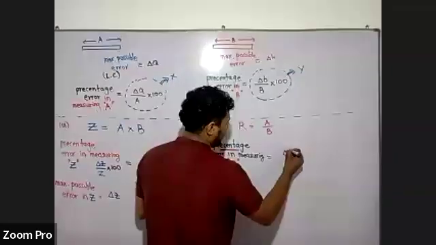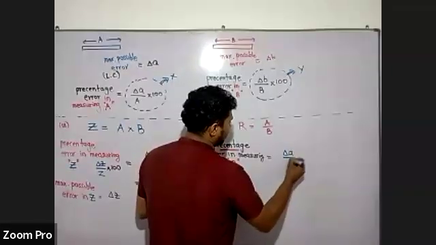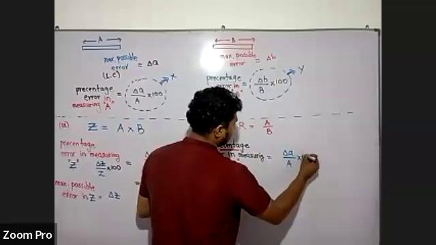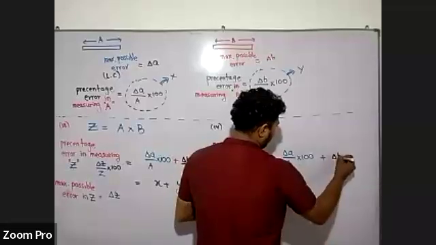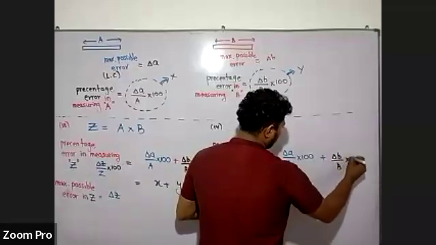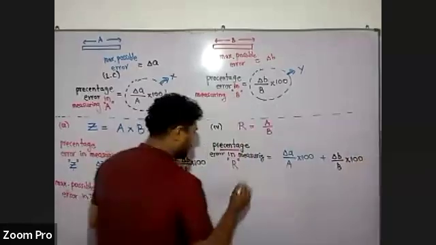So the percentage error when measuring A can be expressed as delta A over A into 100 plus delta B over capital B into 100, right? So this can be represented.